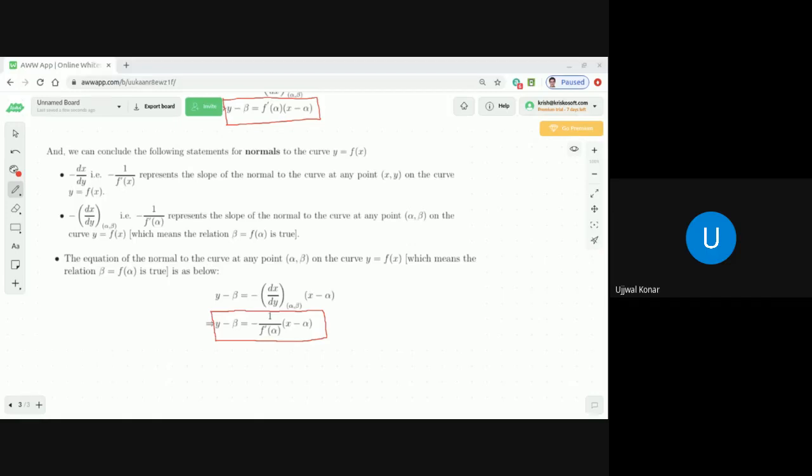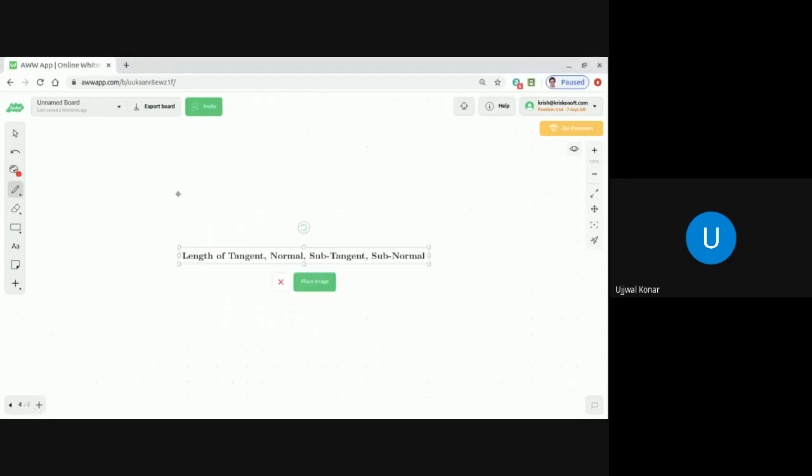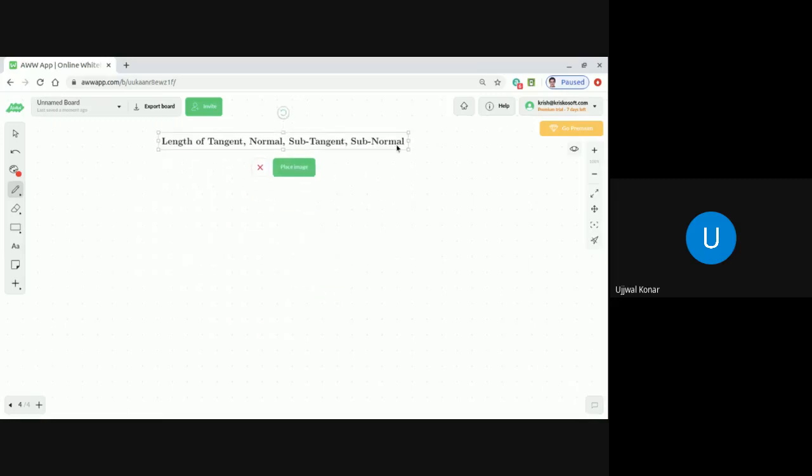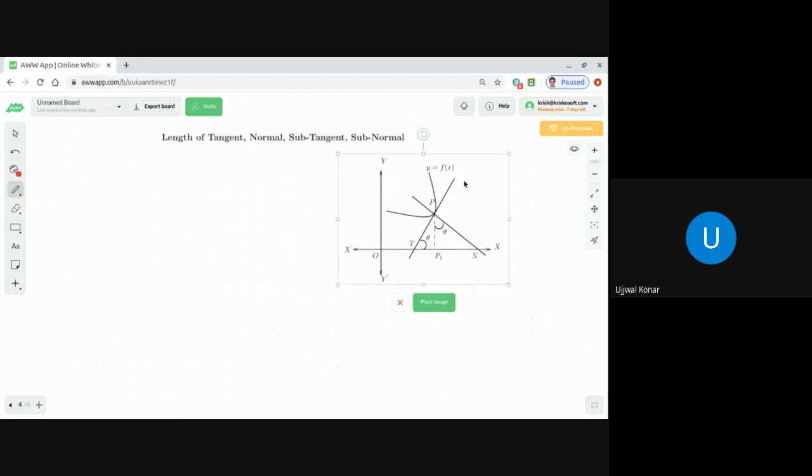Let me place it here and then let me explain, dear students. To understand the length of tangent, normal, subtangent and subnormal, let me take help of this pictorial diagram first. Okay. So here is a pictorial diagram, dear students, as you see.